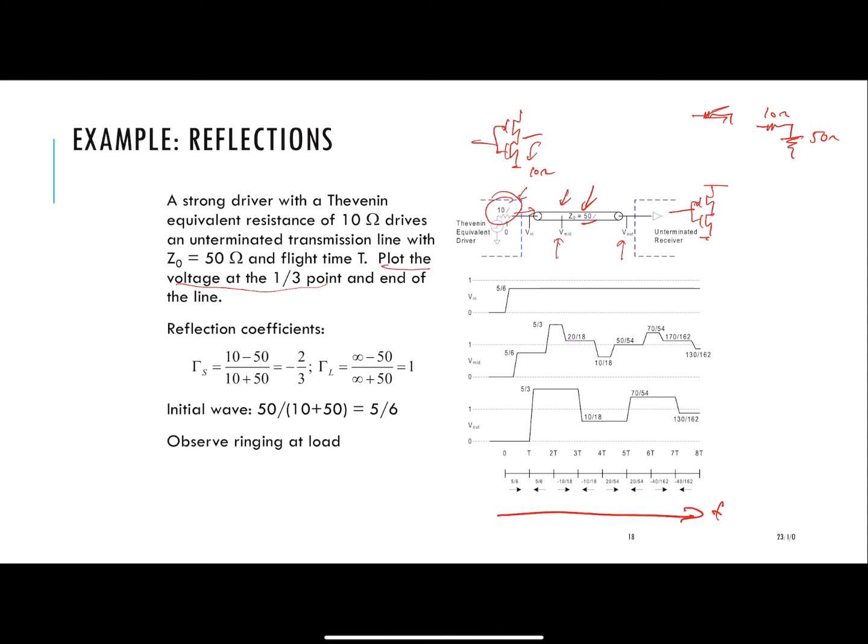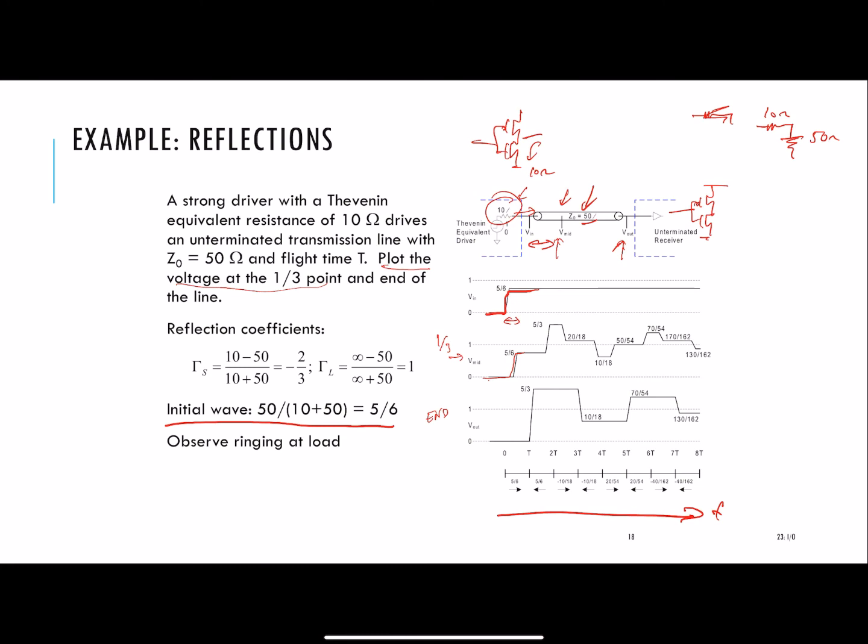So you end up with an initial wave that launches at 5/6 of the value, assuming your input is a volt. So 5/6 of that volt gets launched into your transmission line. At the 1/3 point, it arrives after the time of flight to that point.